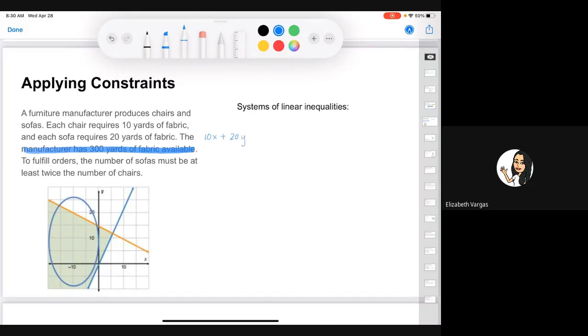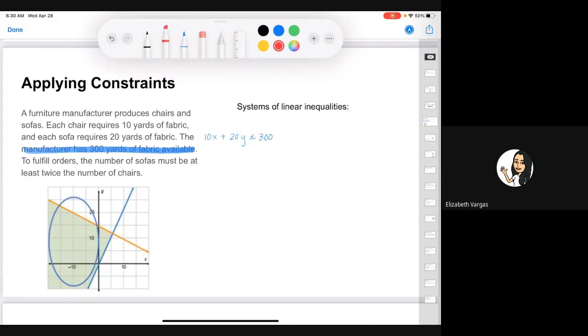If the manufacturer only has 300, then we can use at most 300 yards of fabric. So if he's making chairs and sofas with a maximum of 300 yards of fabric, we can use this equation to solve for how many x and how many y, how many chairs and how many sofas, we can make out of all 300 yards of fabric.